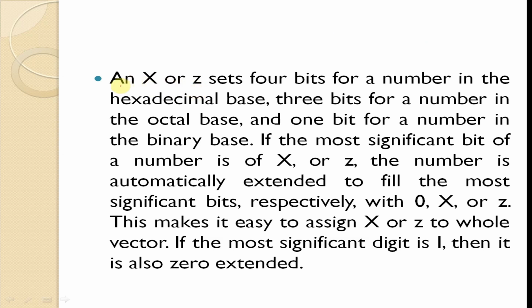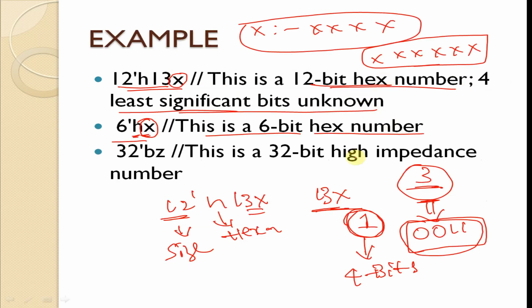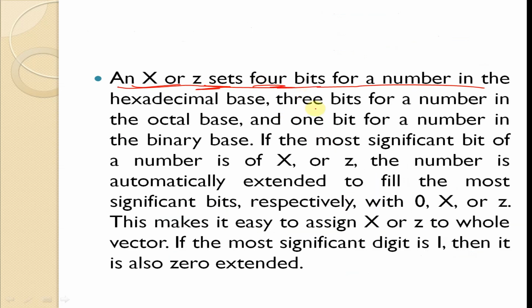So here an X or Z sets 4 bits for a number in the hexadecimal base. We have seen this. For one hexadecimal number, we have 4 bits. So if there is one unknown, then it is equivalent to 4 unknown values in binary. And 3 bits for a number in octal base.